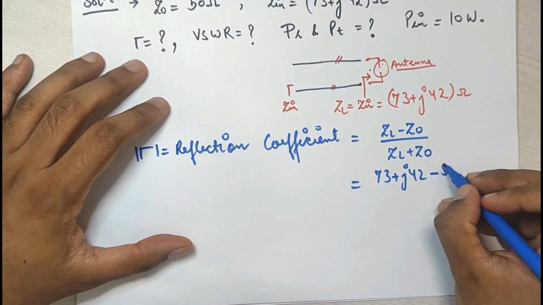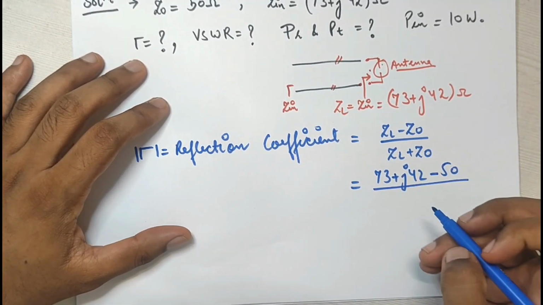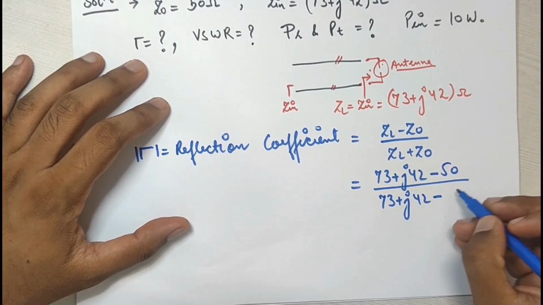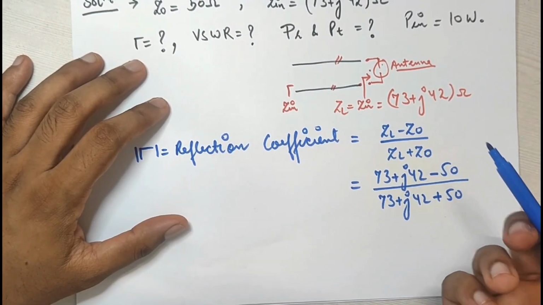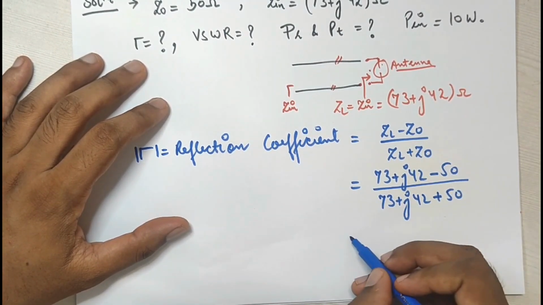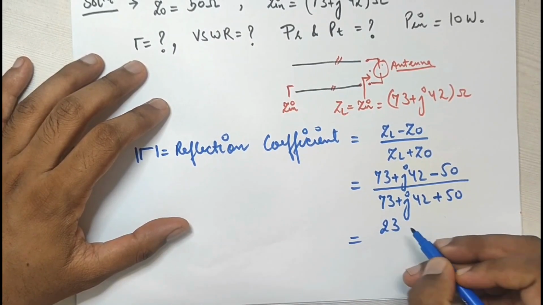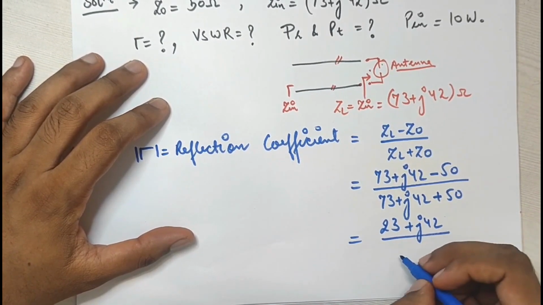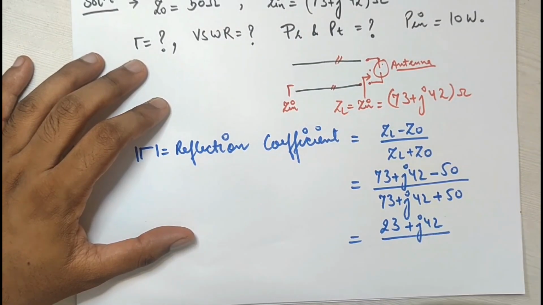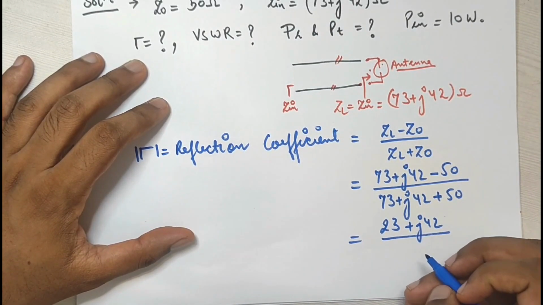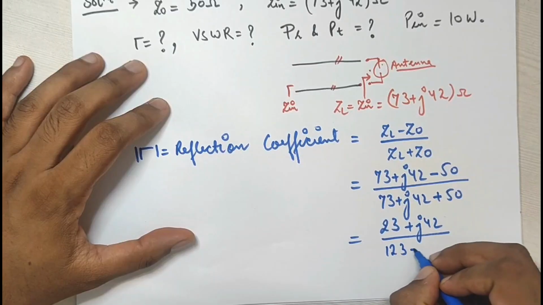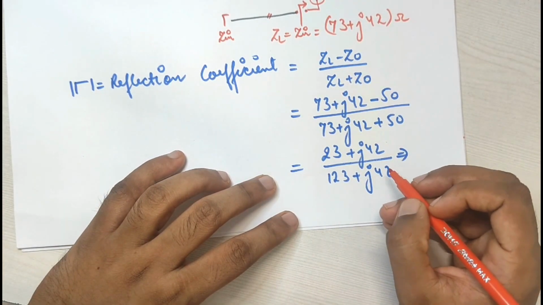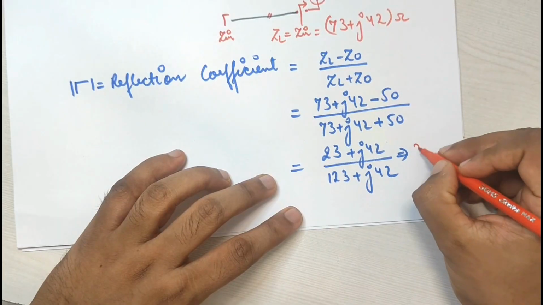What is Z0? 50. We have just substituted these particular values. The numerator will be 23 plus J42, and the denominator will be 123 plus J42.